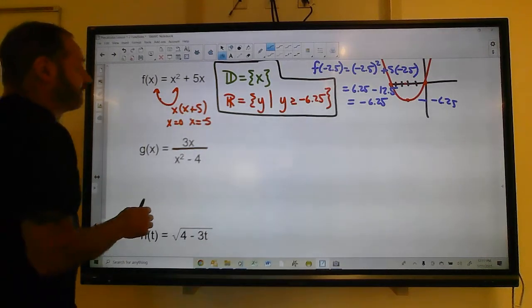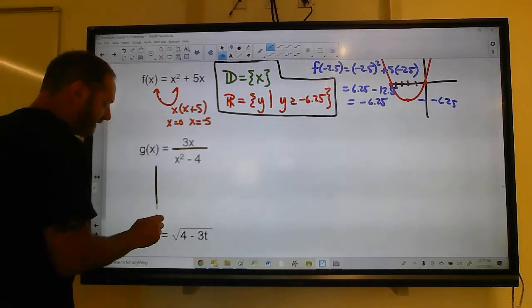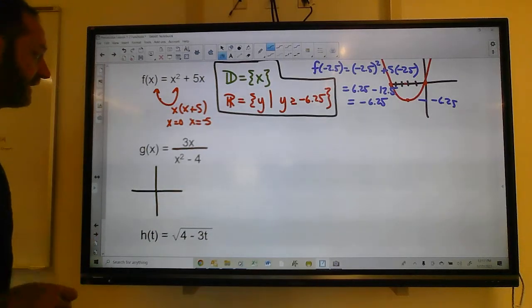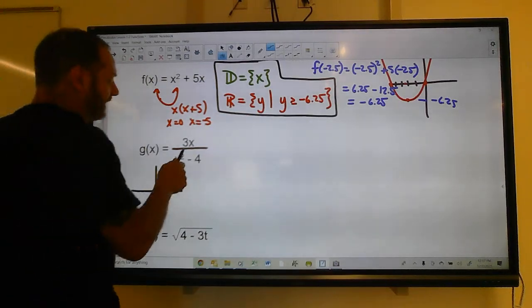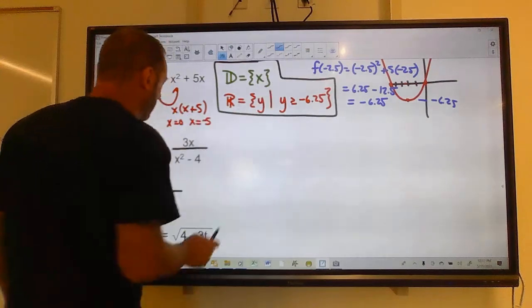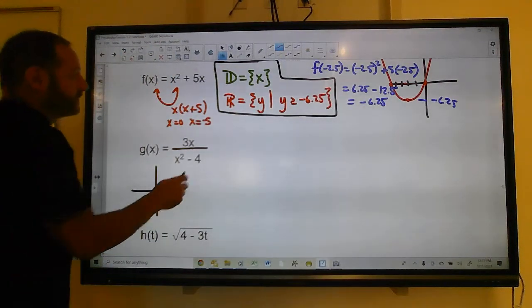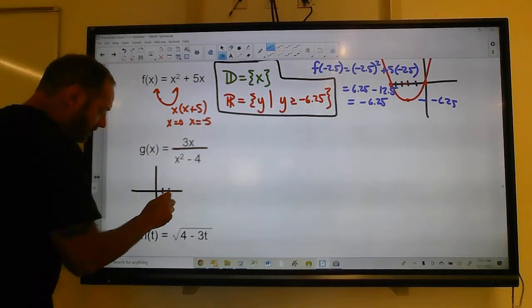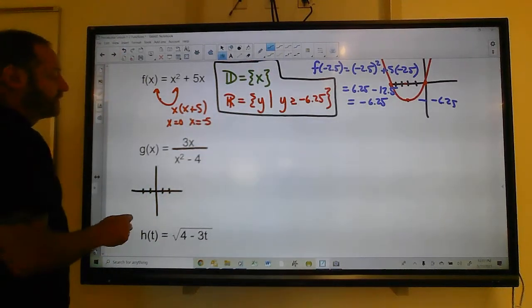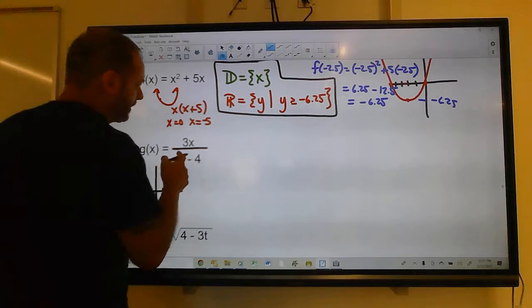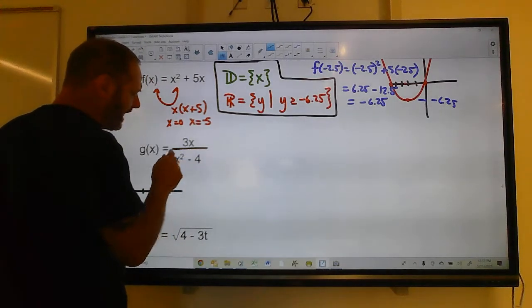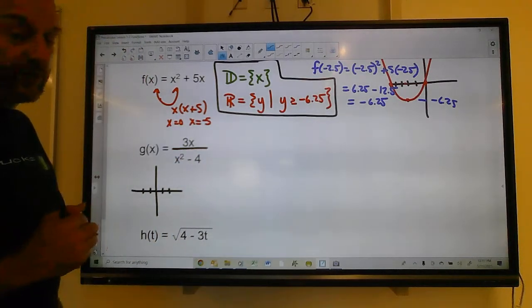Okay, so what does this graph look like? This is an interesting graph. And you'll see more of this later, and you'll be able to analyze this thing and know what it looks like without ever having to graph it. So if I look at the bottom of this, remember the denominator can never be 0.